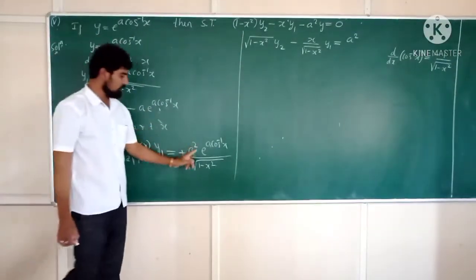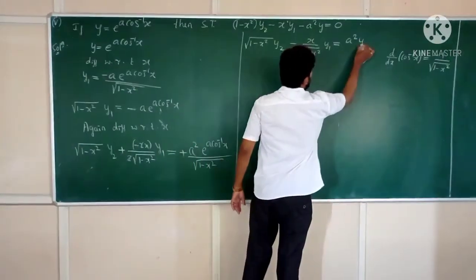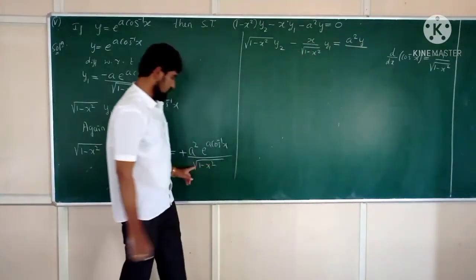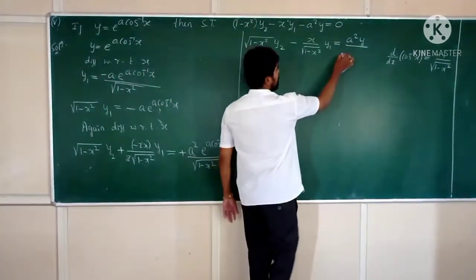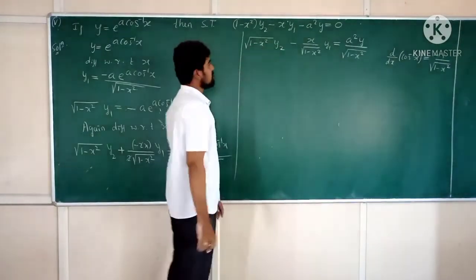So in place of e power a cos inverse x we may write y and divided by square root of 1 minus x square. I hope all of you understand it.